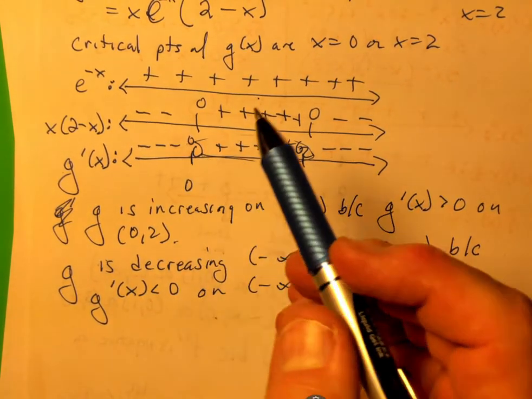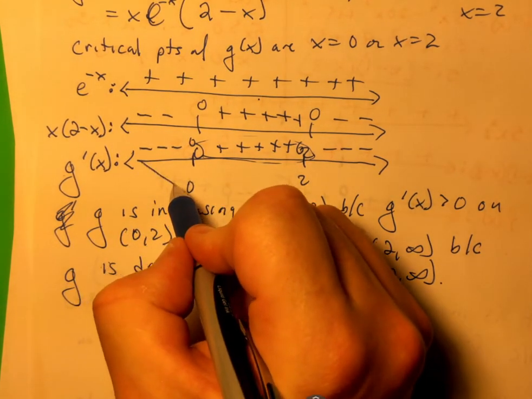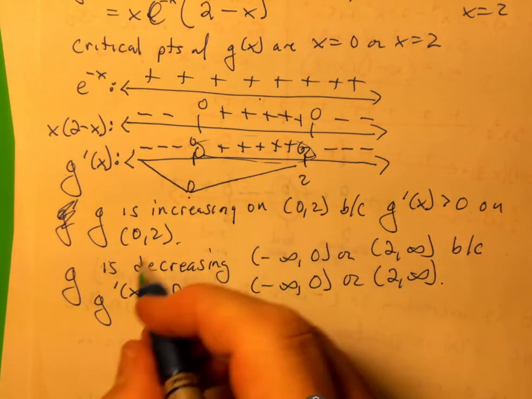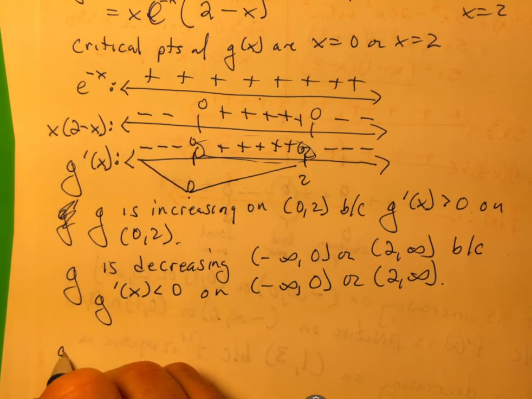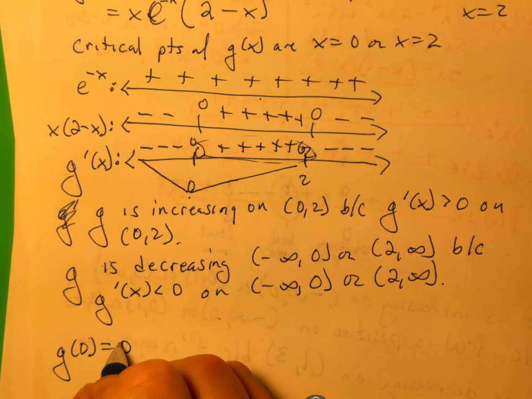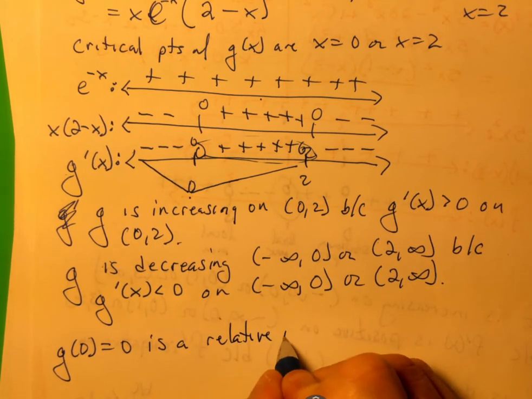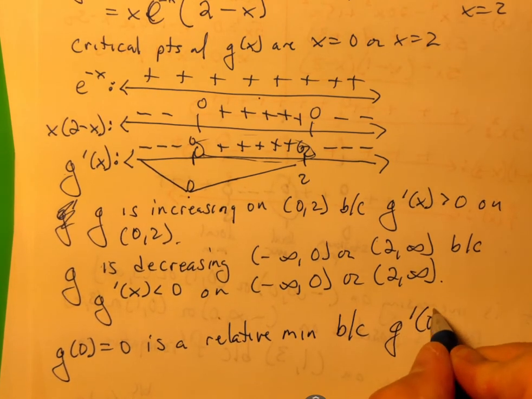Now, Mr. Isaac, I always forget how to use the first derivative test. Okay, I'm decreasing, then increasing: relative min. Okay, so g of 0 equals 0 is a relative min. Why? Because g prime of 0 is 0.